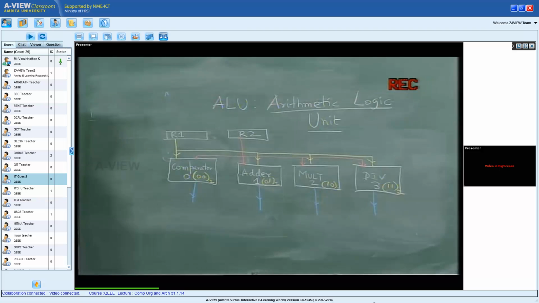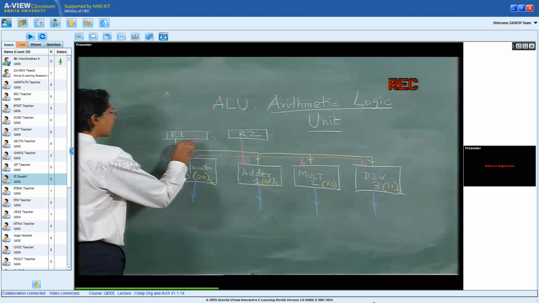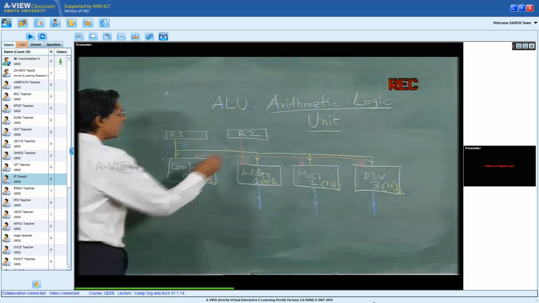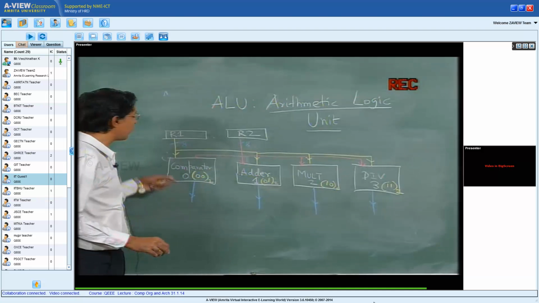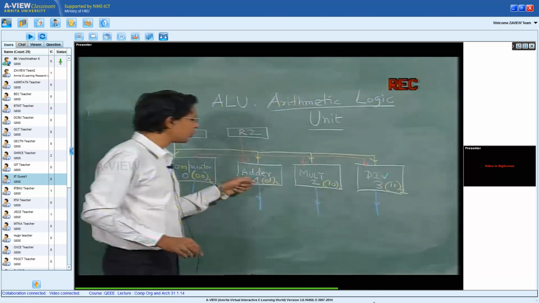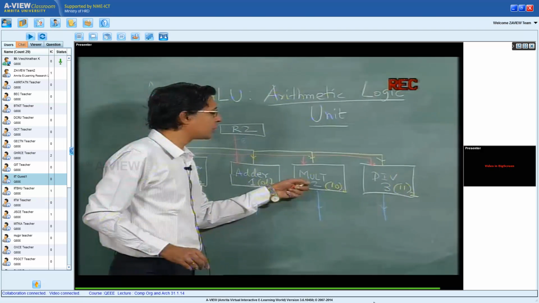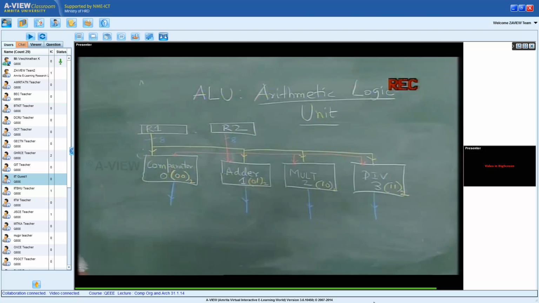So suppose the ALU is comparing either two 8-bit numbers or adding two 8-bit numbers or multiplying two 8-bit numbers or dividing an 8-bit number by another 8-bit number.